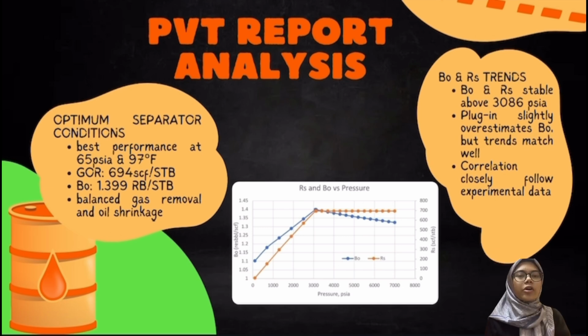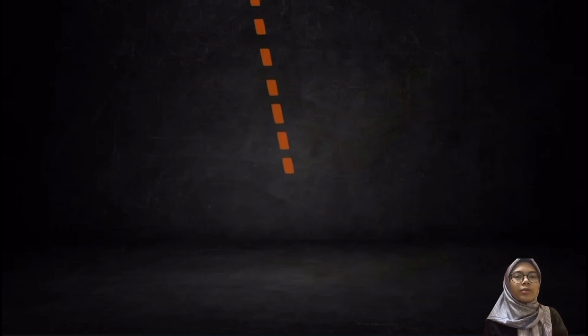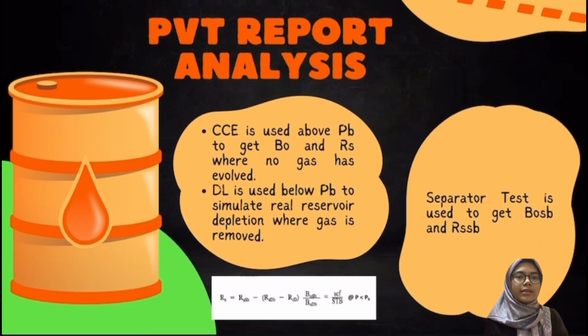We'll be explaining how oil formation volume factor and solution gas-oil ratio are determined from the combination of PVT test data, specifically using CCE, DL, and separator test. We'll explore how these combinations are used above and below bubble point pressure. CCE: fluid is expanded in a closed system, keeping its composition constant, and simulates pressure decline above the bubble point.